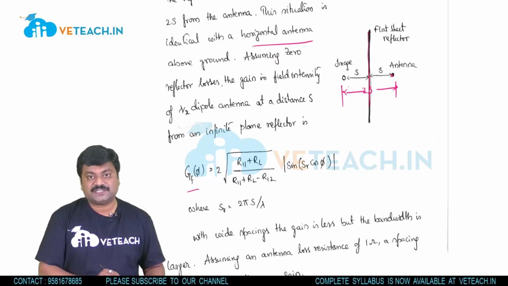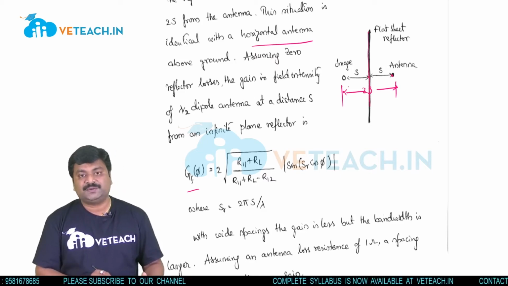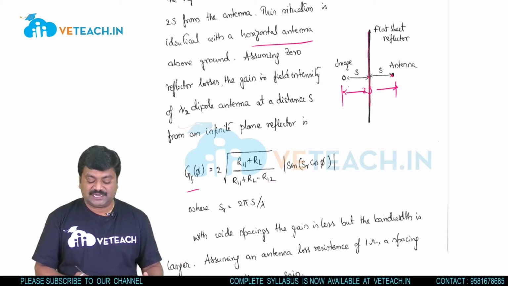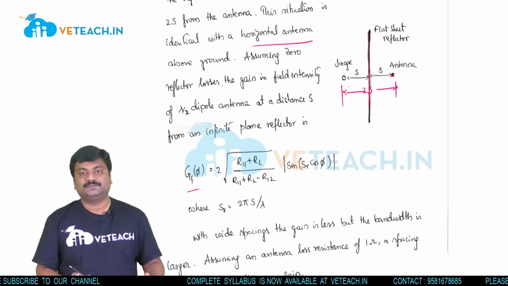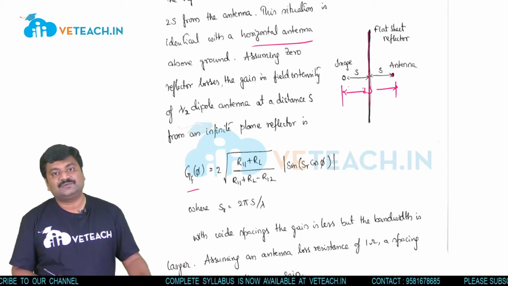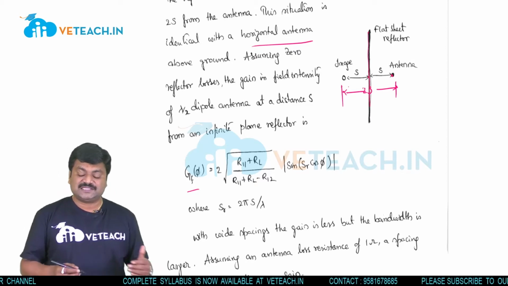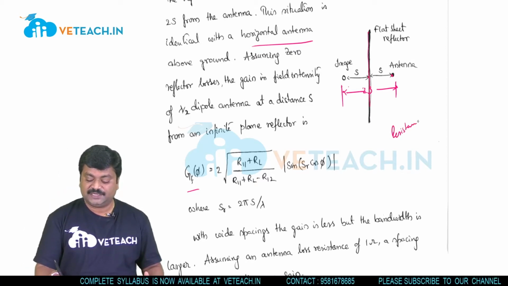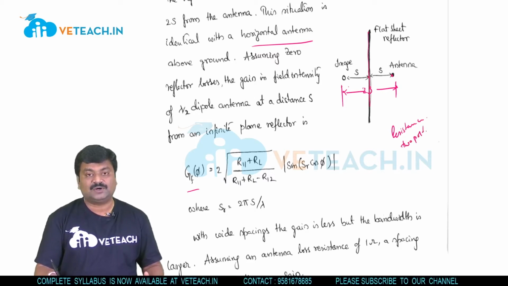Here GF stands for the gain of the flat sheet, and it is always given by 2 into the square root of (R11 plus RL) by (R11 plus RL minus R12). Here, R11 and R12 are considered as resistances in a two-port, so I need to consider R11 and R12.